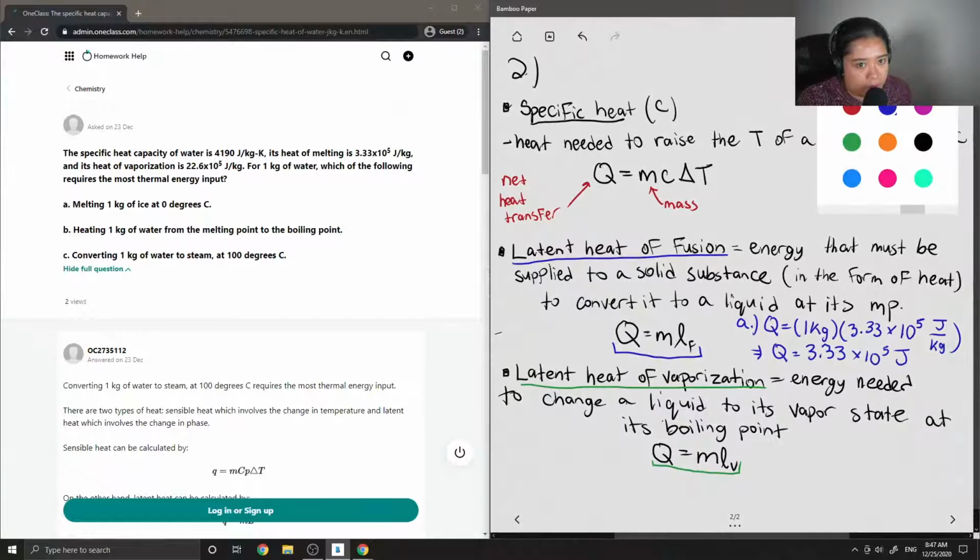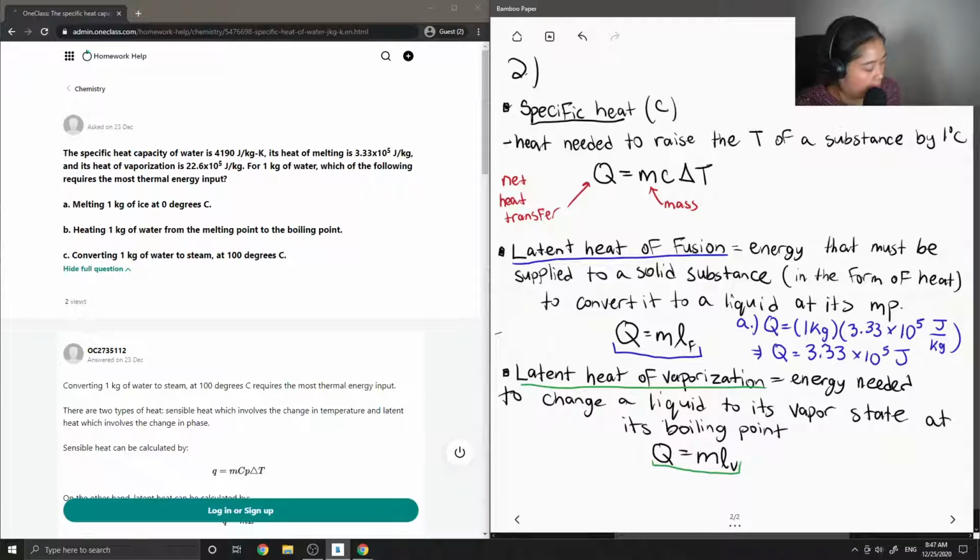Okay, so when we solve for B, heating 1 kilogram of water from the melting point to the boiling point, we would be using the first equation, Q equals mc delta T. So Q is equal to 1 kilogram times C, which is 4,190 joules per kilogram Kelvin.